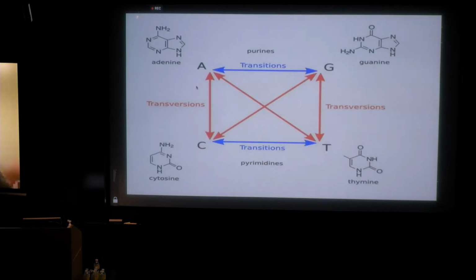As I mentioned, we have base pairs, we have purines and pyrimidines, depending on that structure, as you can see here. The transitions occur when a purine changes to another purine, like adenine in this case would mutate to guanine, or cytosine to thymine. And these are less impactful because purines bind to pyrimidines.